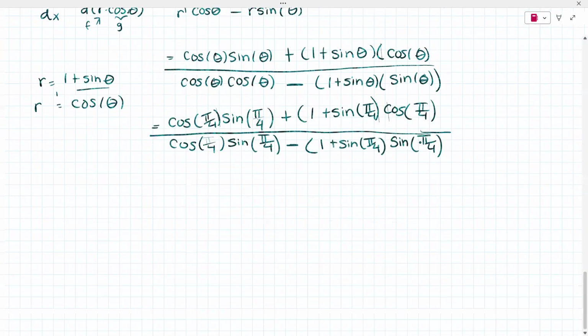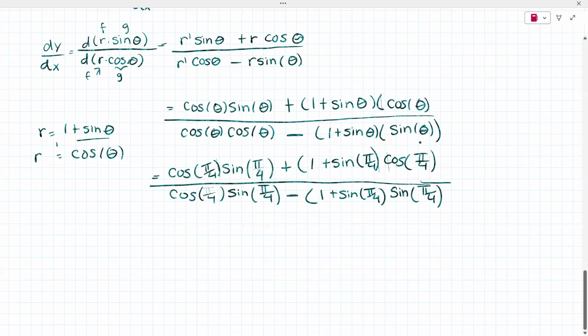Okay, and then just plug in your value. So we know that cosine and sine of pi over 4 is positive radical 2 over 2, right?